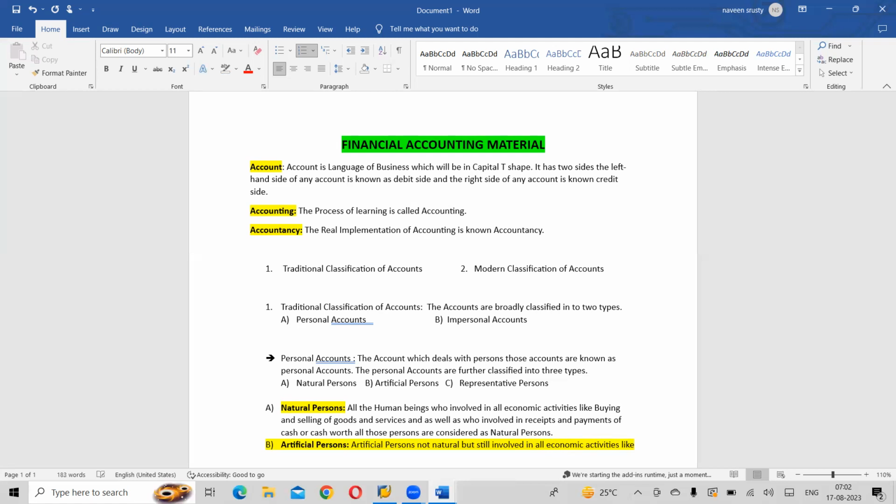Those persons are known as artificial persons. Is this clear?